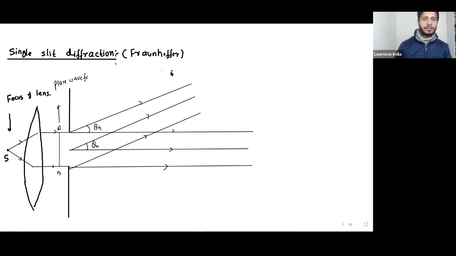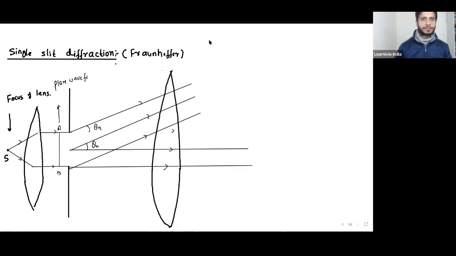Now, if you want to converge these waves at a finite separation, you will take another convex lens. This convex lens will converge these rays. You know that a convex lens is converging; I have even discussed this converging nature of the convex lens in Huygens' principle.